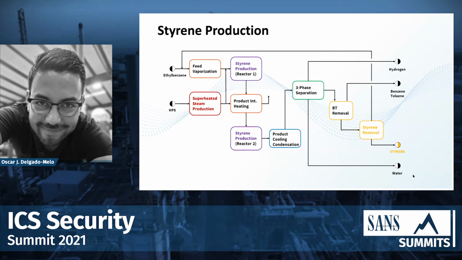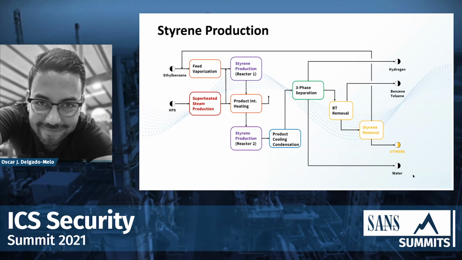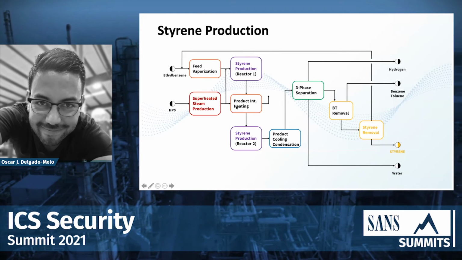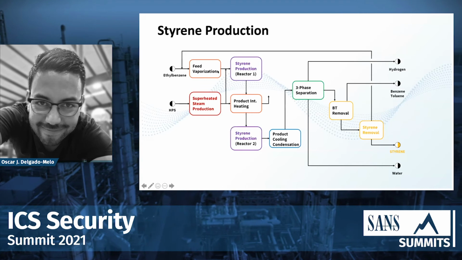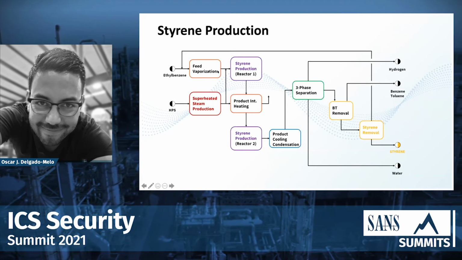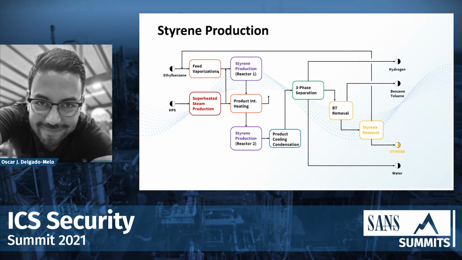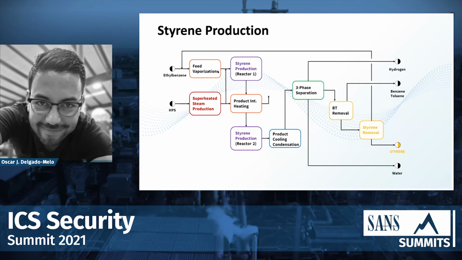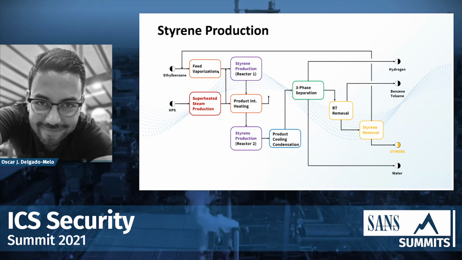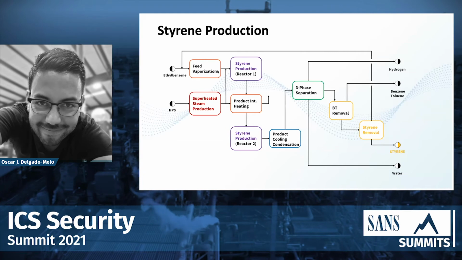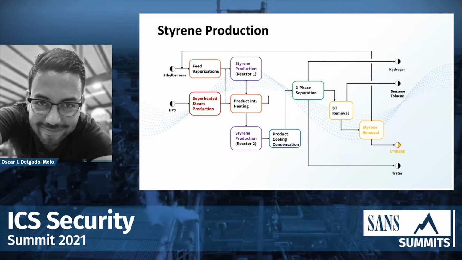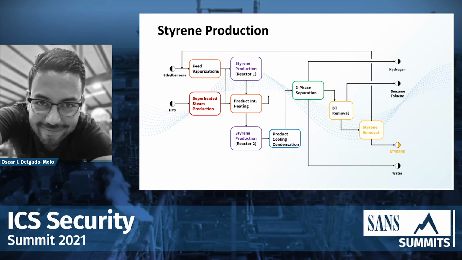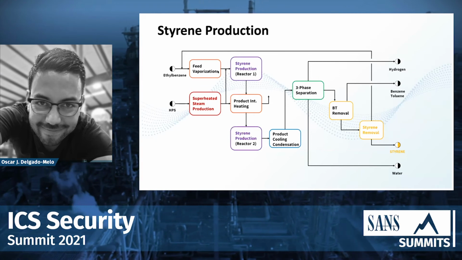And the last thing I want to show is priorities. If you see here, we have five blocks that are somehow related with heating, right? We see the vaporization, the product heating, and then the two associated with the distillation towers. If I were an attacker, I would say that if I attack the steam system for this plant, I will probably cause a lot of problems, because you see that this steam is cascading through the plant, right?